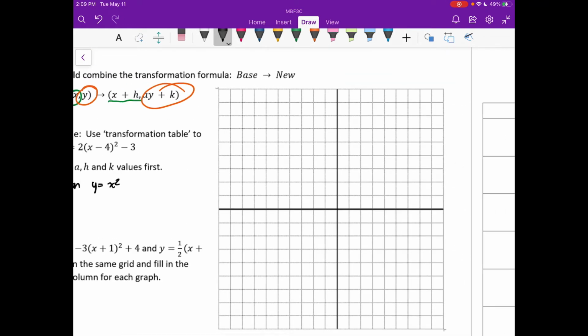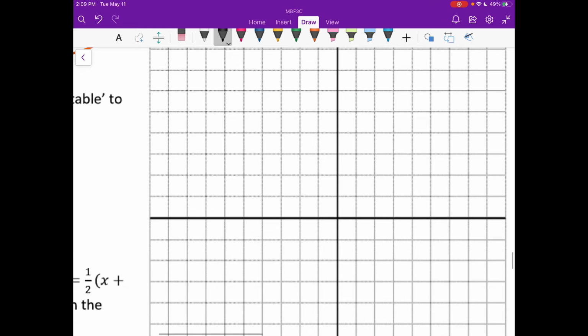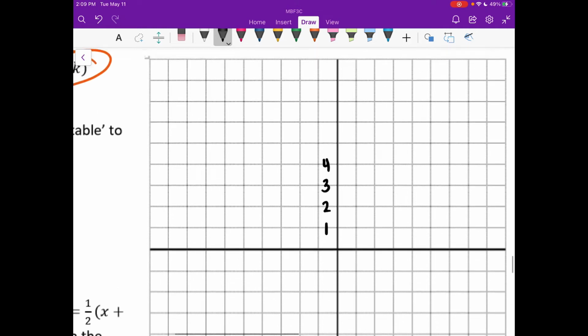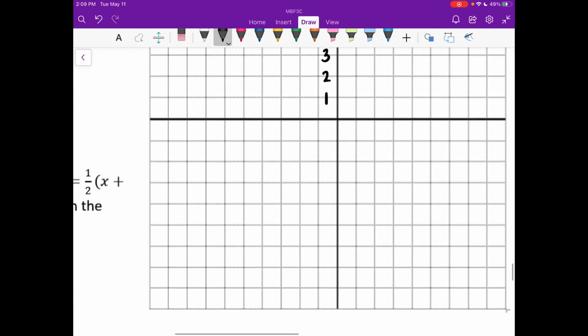So I think for this one, I actually went up by 1s because I found it easier to do. And then for the 3, I just kind of got rid of some of them. So it is what it is, but that's fine. 5, 6, 7, 8, 9.